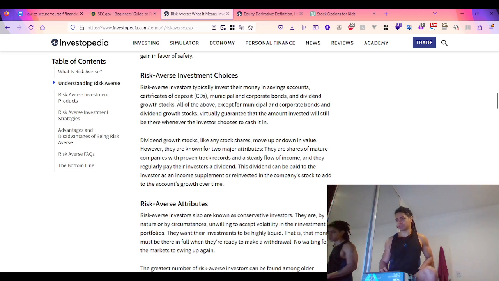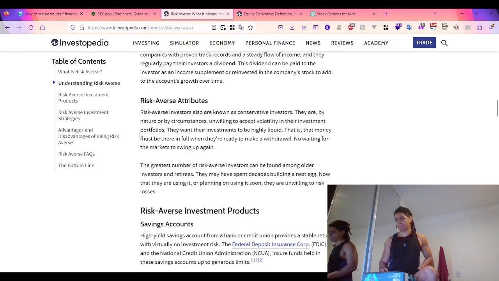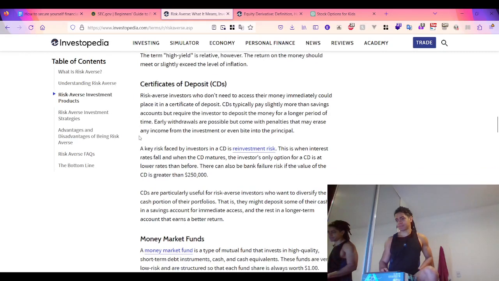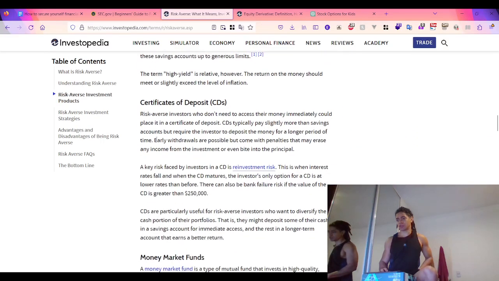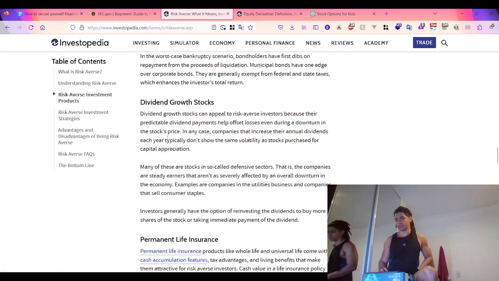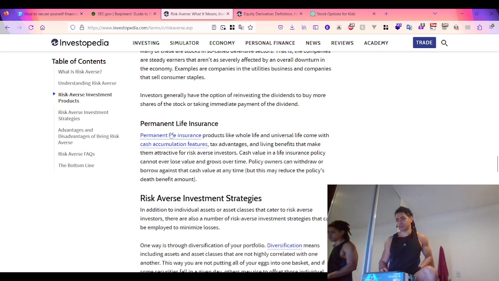Risk averse investment products: saving accounts, certificates of deposit, money market funds, corporate bonds, dividend and growth stocks, permanent life insurance.